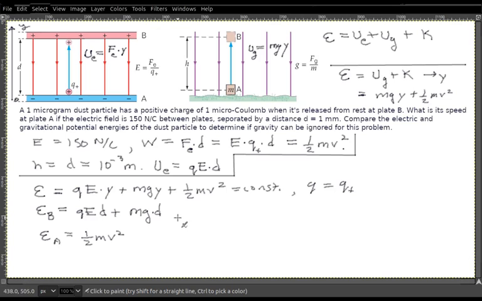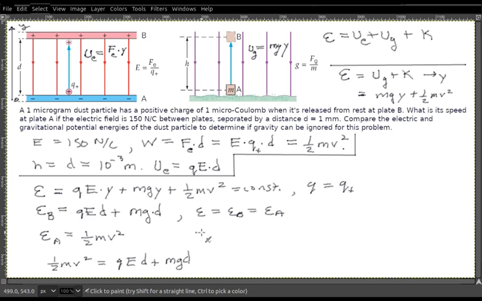So since E is constant, E at B equals E at A. That means 1/2 mv squared is going to be equal to QED plus mgd. And now we can solve for the speed v, because we know g, we know the mass, we know everything. But before we do that, do we even need to bother to include gravity?